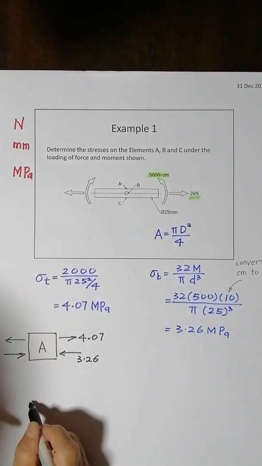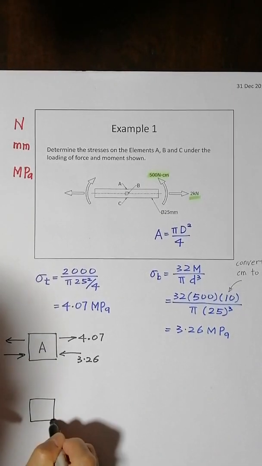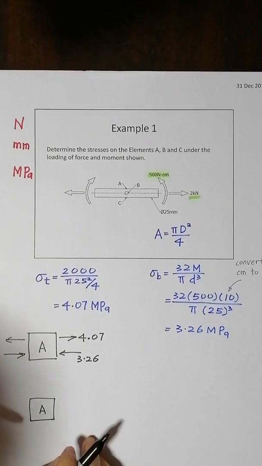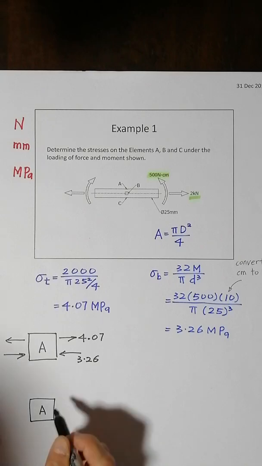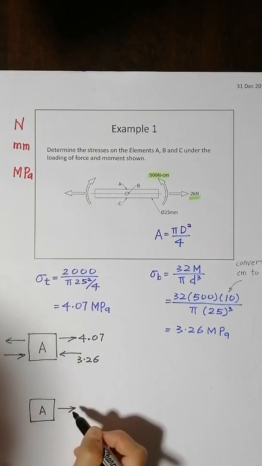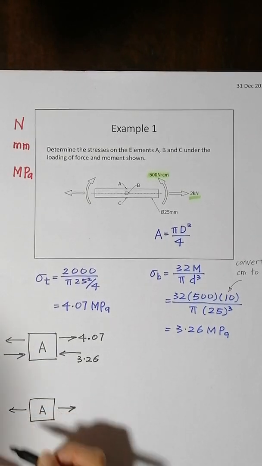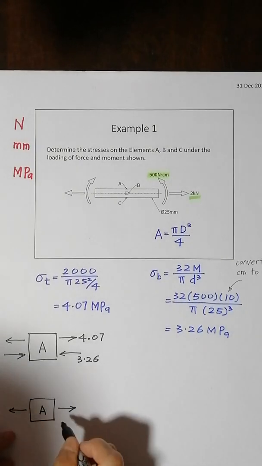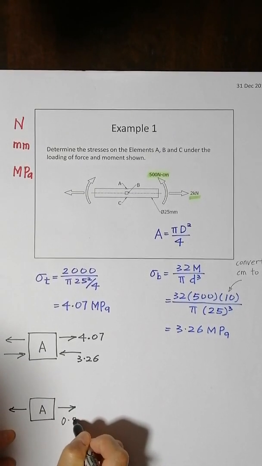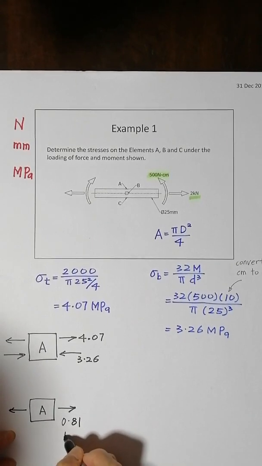So finally, within one stress, either use tension or compression. So you see the tension is higher, so finally this will be tensile. And the value of that will be 4.07 subtract this 3.26, and I get 0.81 megapascal.